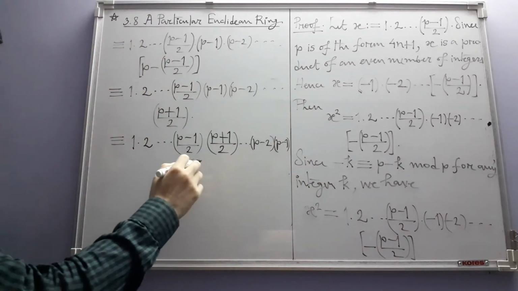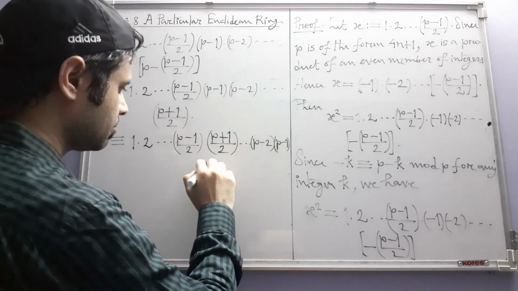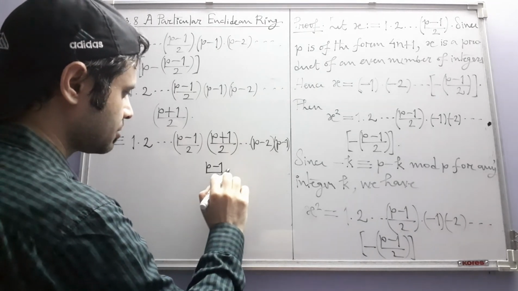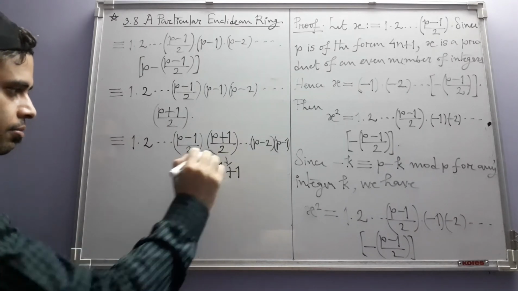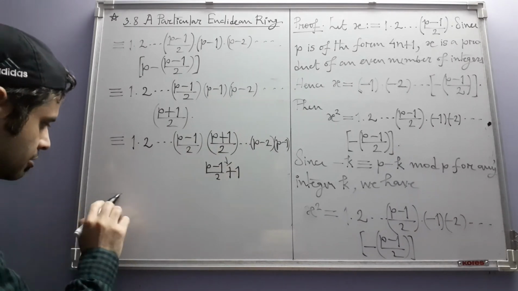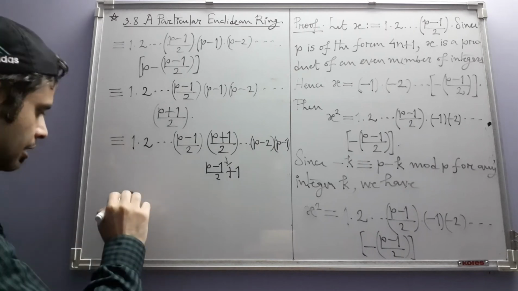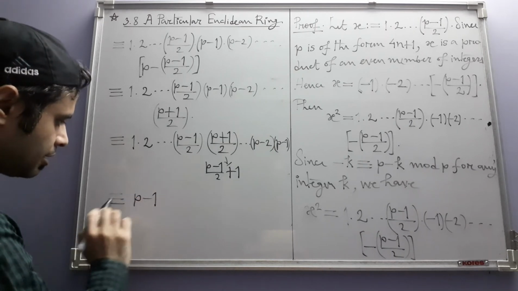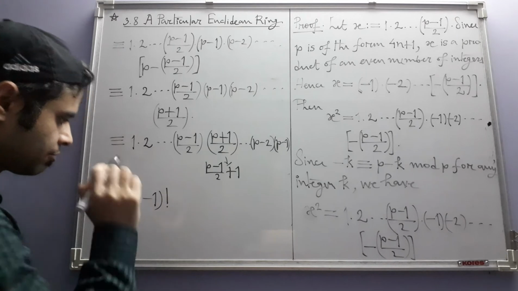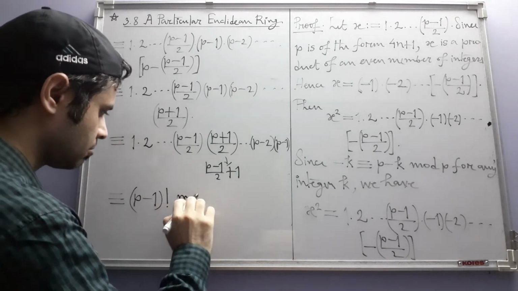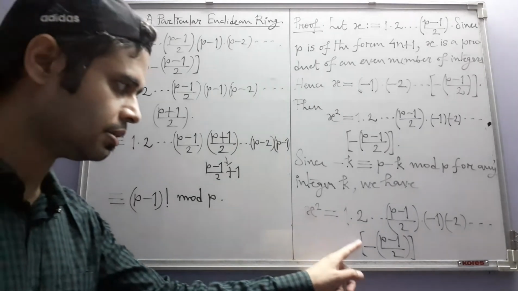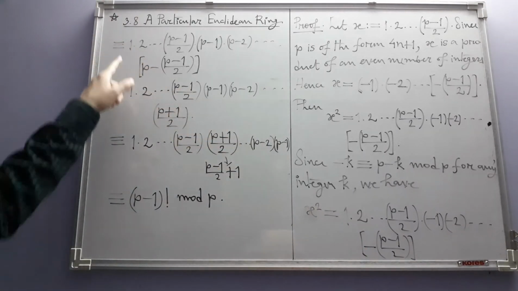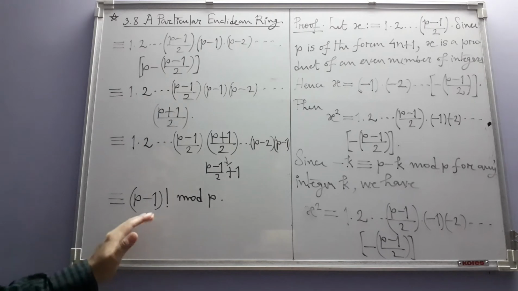And this, if you look carefully, is nothing but p minus 1 by 2 plus 1, this factor. So this whole product is nothing but p minus 1 factorial mod p, because after this equality we are writing congruences, so these congruences are modulo p.